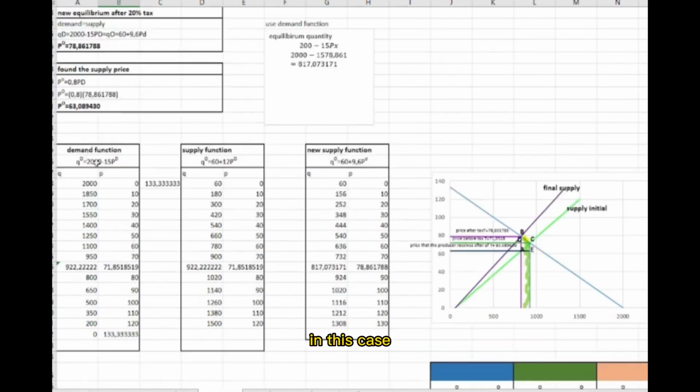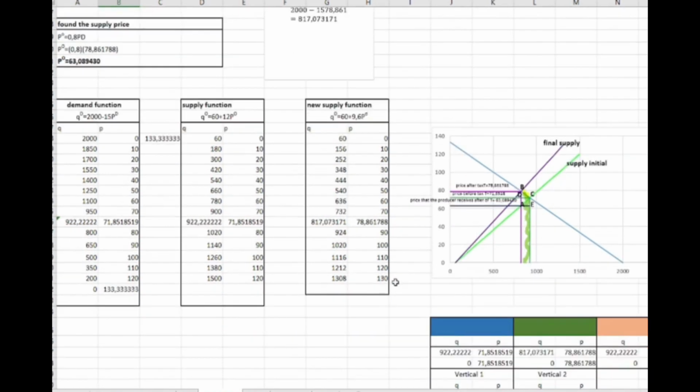the graph. In this case, we have some values and the demand function, supply function, and new supply function. That is equilibrium in three parts: quantity, price, quantity, price, quantity, price.